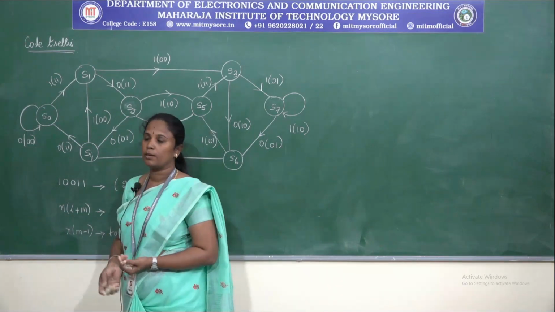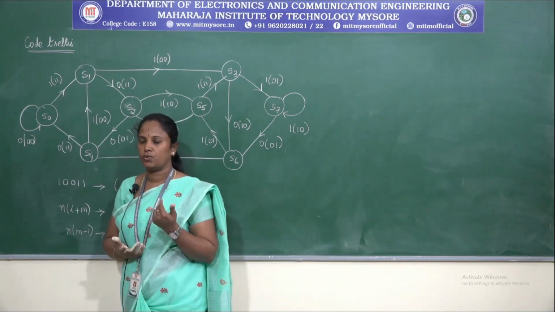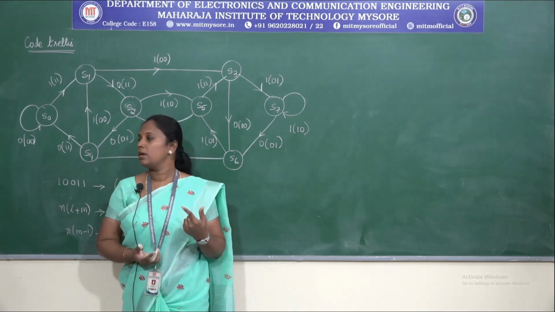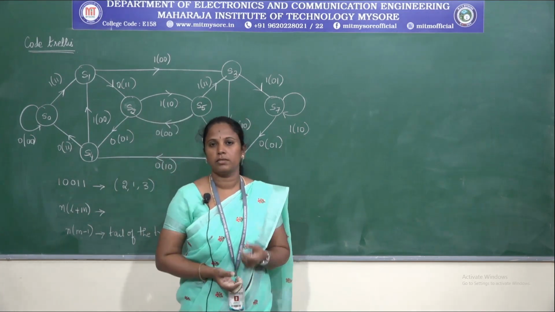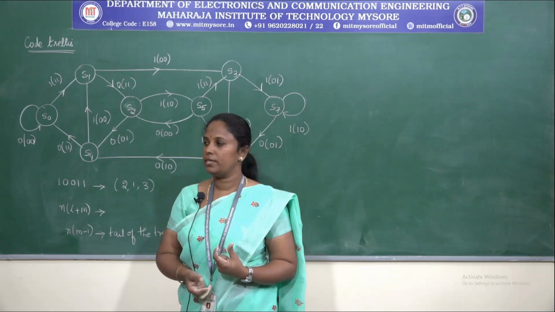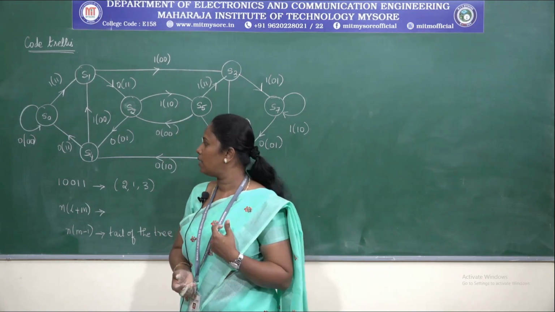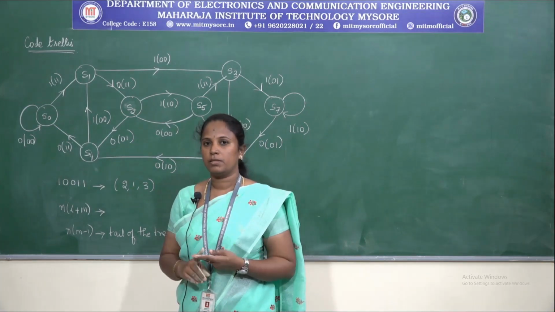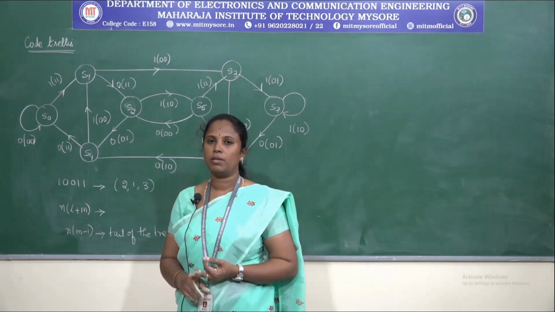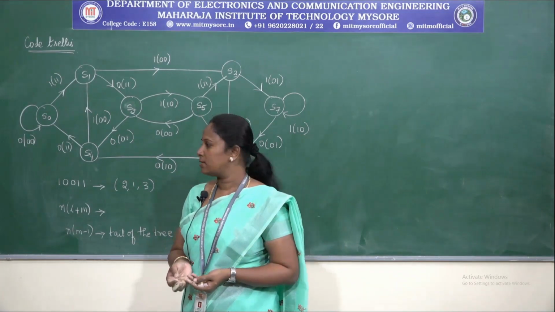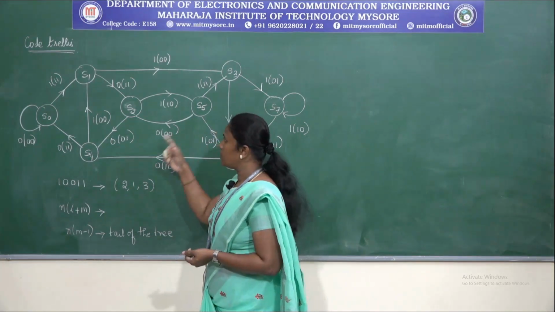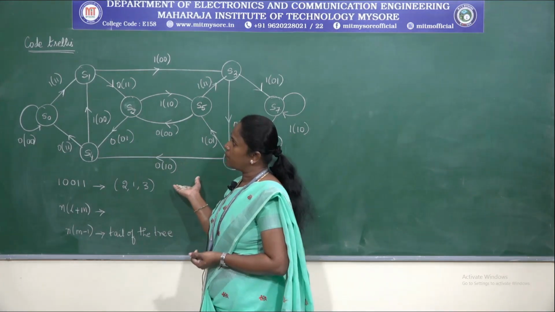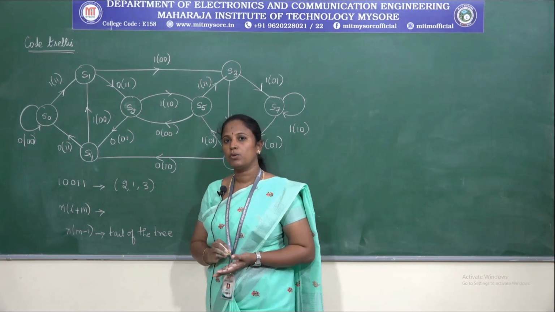Before writing the state diagram, we need to follow the steps, looking into the encoder diagram which will be given. We have to write the state table to indicate how many states we have, then from the state table write the state transition table indicating the present state and next state, then the third step, the state diagram, and from the state diagram the fourth step, representing it in the form of a code trellis.